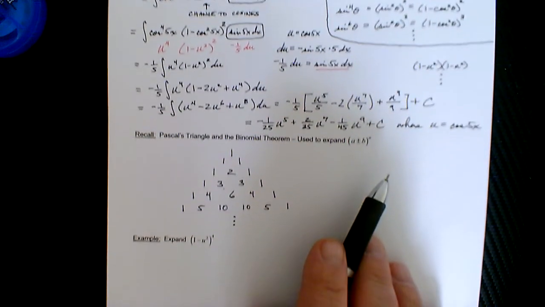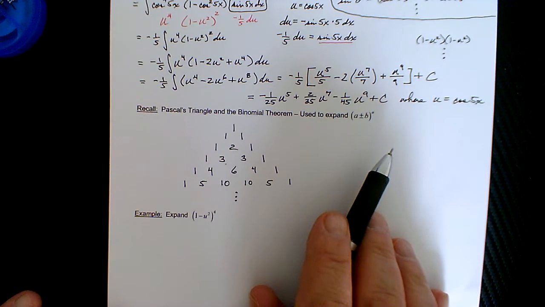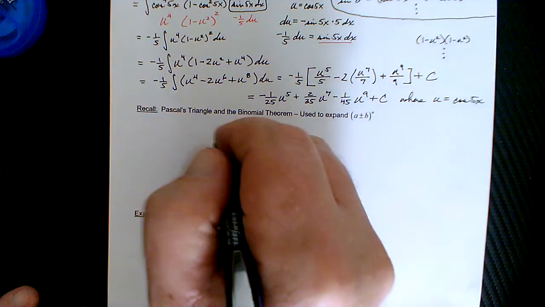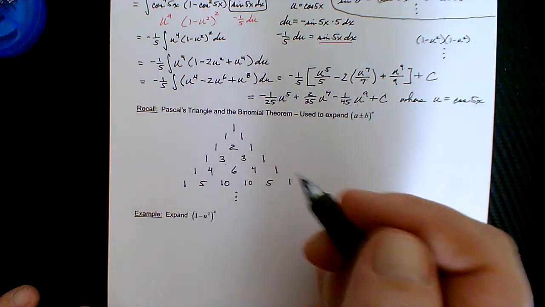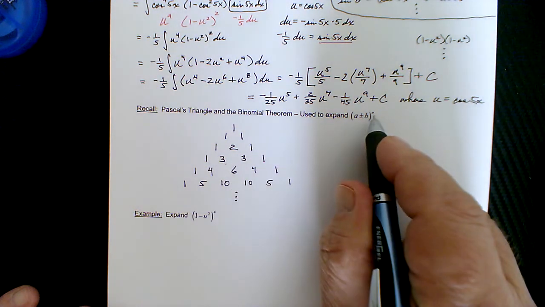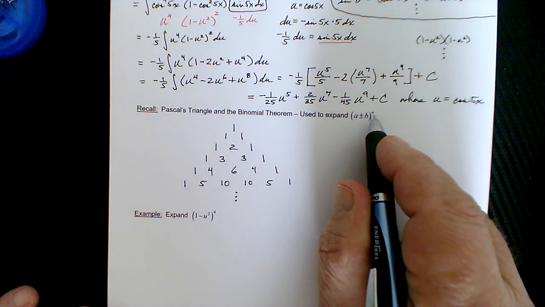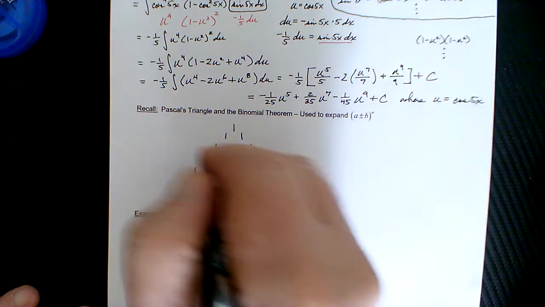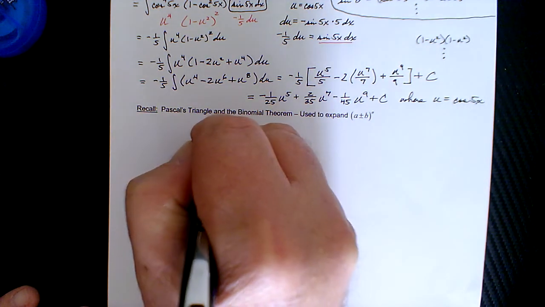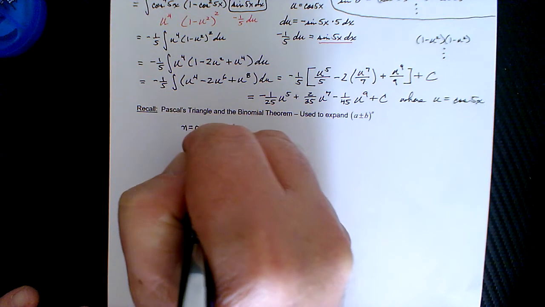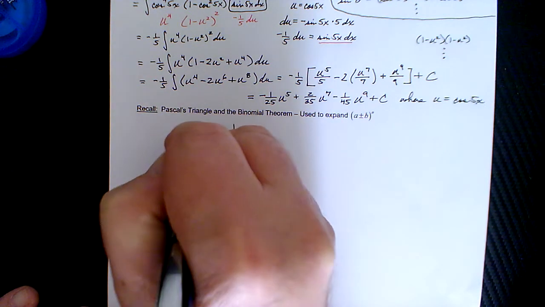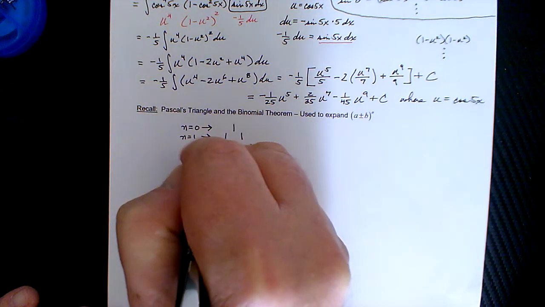And one thing to note is that the second entry in any one row tells us the power that we're raising the binomial to. So, for example, well, I guess these are the trivial ones. N equals 0, n equals 1. Okay, here starts what I was talking about.